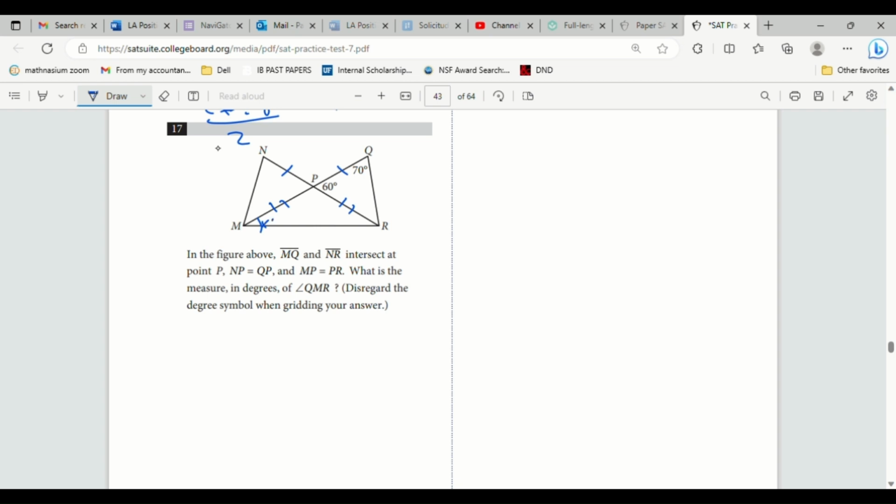So now I need to figure out what QMR is, and to do that, we're going to piece together all of the angles of this triangle. So the sum of interior angles of a triangle is 180. So we can see that for triangle PQR, one angle measure is 70, one is 60, so the other one, R here, must be 50 to make that triangle.